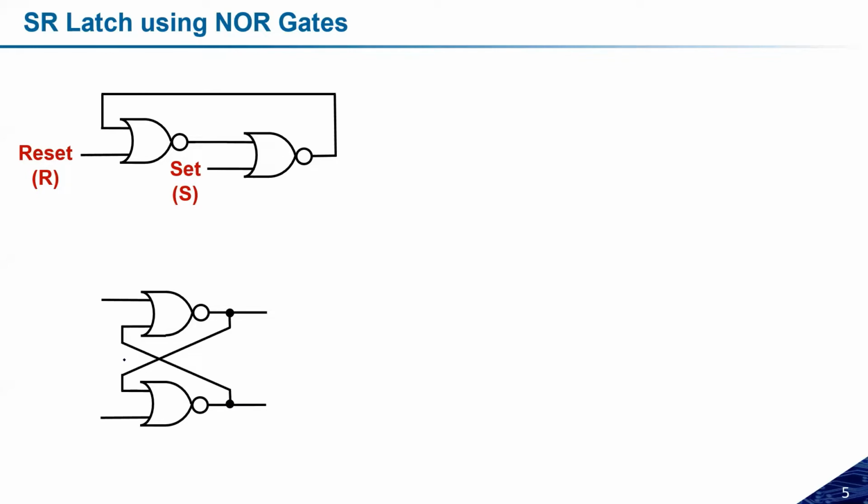This is how the structure looks, where if this is the first NOR gate, this input will become the reset input, and similarly the second input will be the set. If I consider the output of the first NOR gate as Qt, similarly the output of the second NOR gate will be Qt bar.